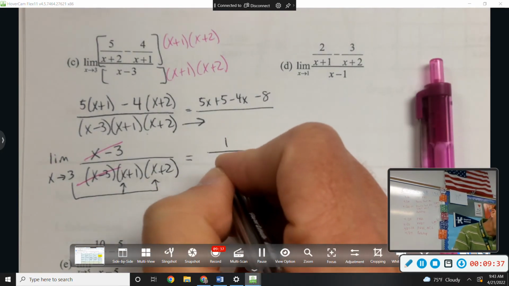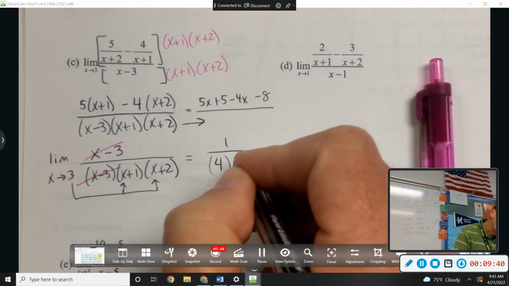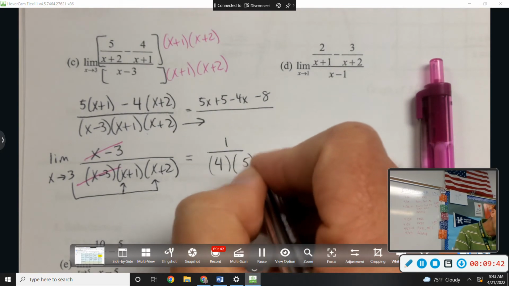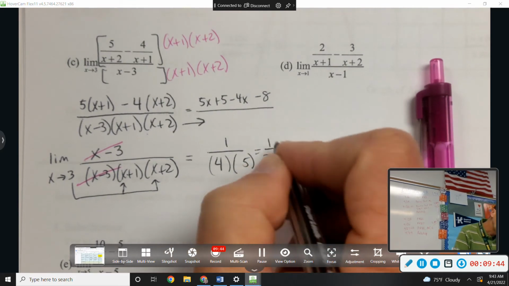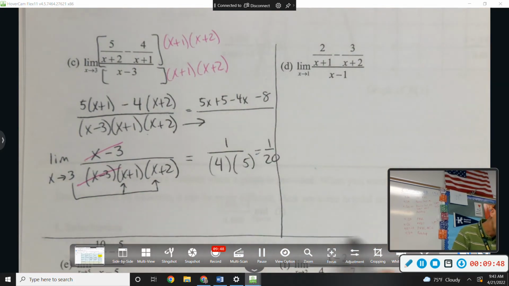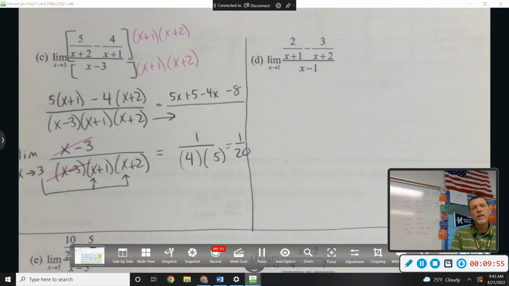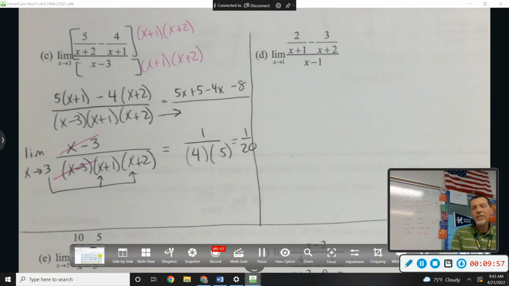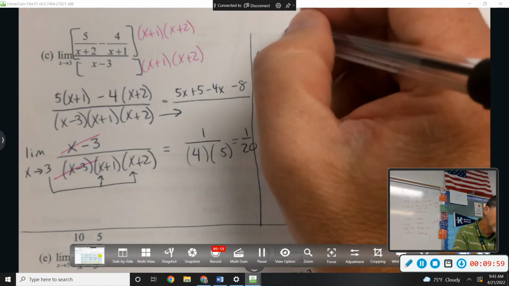So 3 plus 1 is 4. 3 plus 2 is 5. So 1/20th. Again, if your algebra skills are good, this isn't too bad.